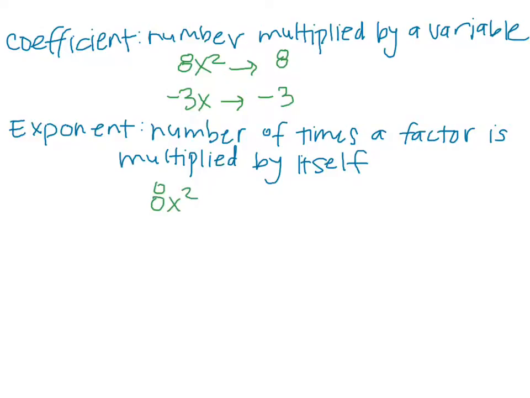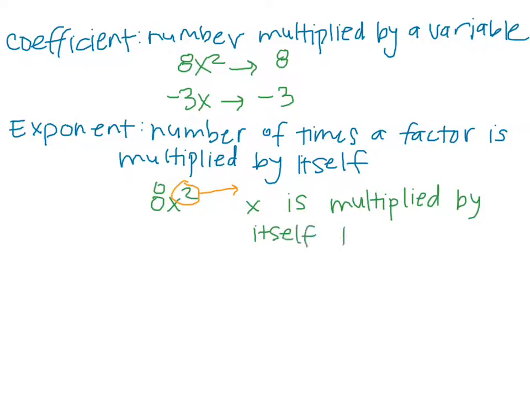The exponent here is the 2. And what that 2 tells me is that x is multiplied by itself twice. In this case, x is the only thing being multiplied by itself. We are not multiplying the 8 by itself because the exponent is attached to the x and the x only.